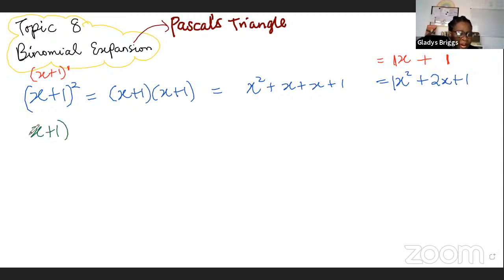How about x plus 1 to the power of 3? Could anybody work that one out? Guys, work out that one quickly.